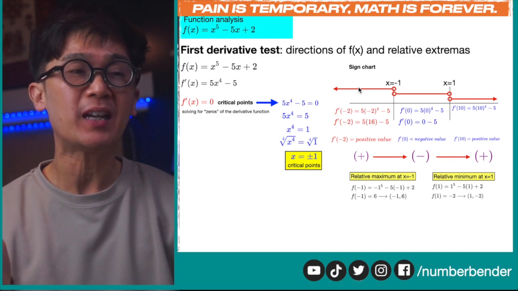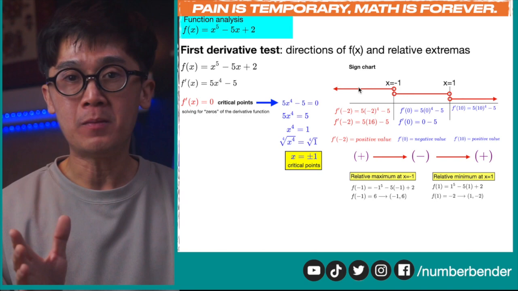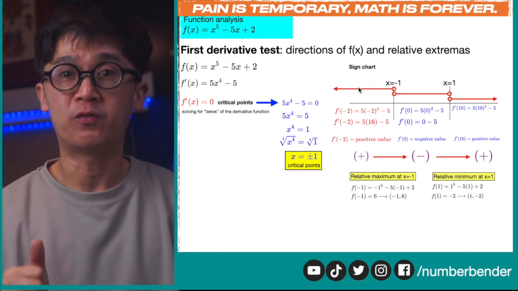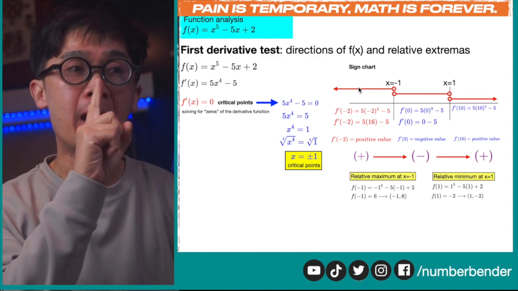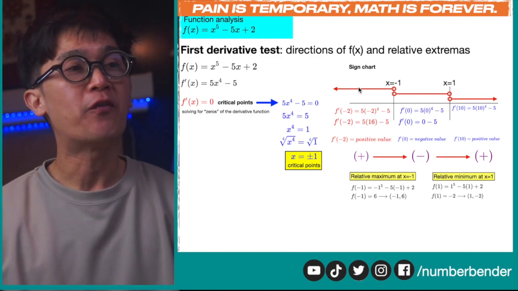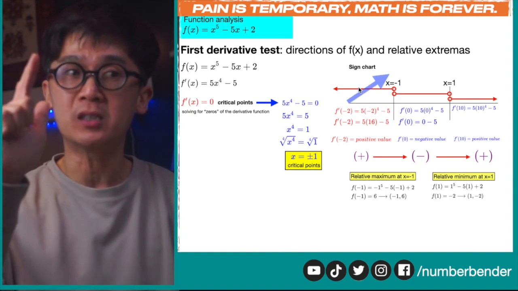So now that we have the extrema, all we need to do is to write down our direction, which is pretty easy because you're not going to be able to find the relative minimum or relative maximum without knowing the direction of your function. And that is determined by the value of the slopes of your intervals. So for anything that is lower than -1, we know that it's a positive slope.